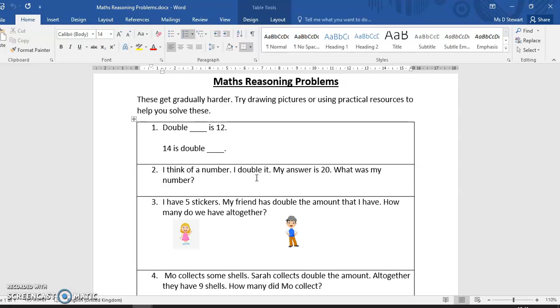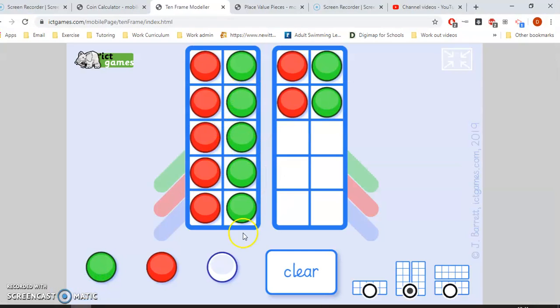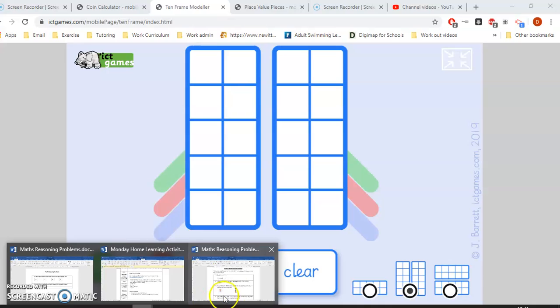I know that half of 20 is 10, but try and picture which number you need 2 of to make 20. If you think about your tens frames, 20 is already doubled, it's a 10 and a 10. So we double 10 to get 20.